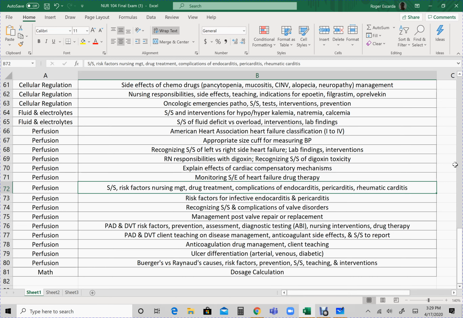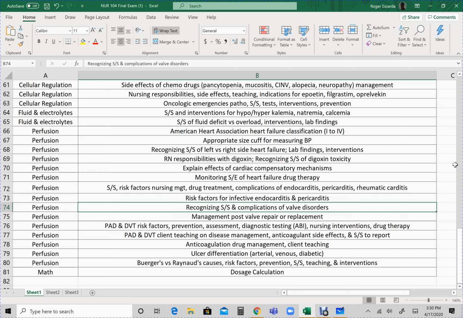And next are infectious or inflammatory cardiac disorders. So beginning with risk factors, signs and symptoms, management, including drug treatment and complications of the following: endocarditis, pericarditis, and rheumatic carditis. Risk factors, so that means there's two questions there because that's the same thing.